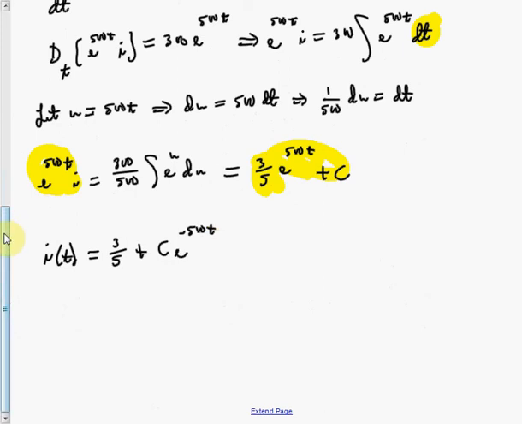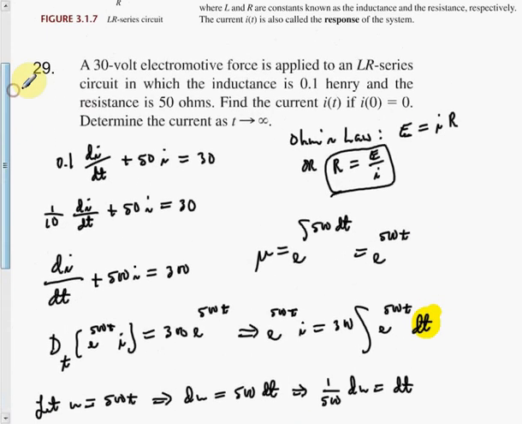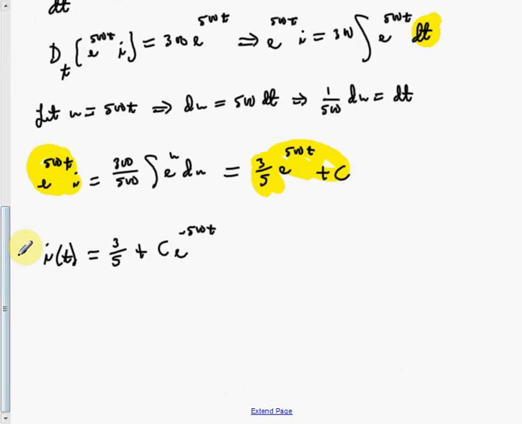Now that problem, he gives us the initial condition. If the current represented by I is 0 at time equal to 0. So for I of 0 equal to 0, that implies that 0 is equal to 3 over 5 plus c times e to the 0.